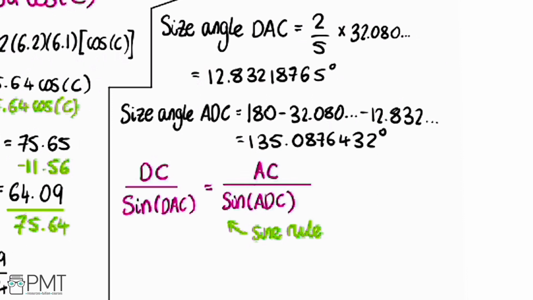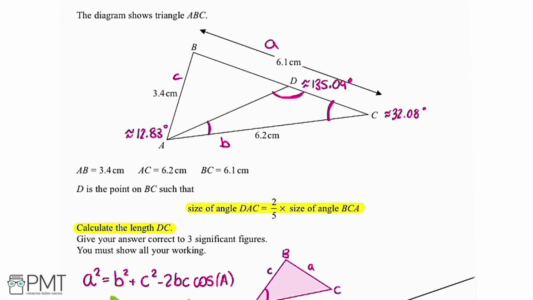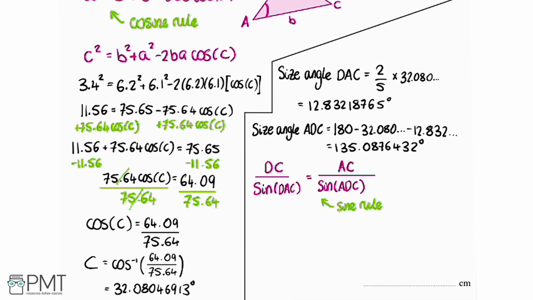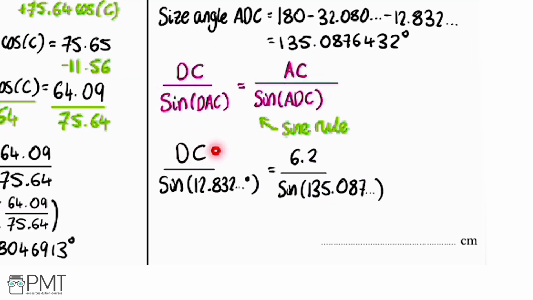So what we've got here is DC, so the length DC over sine of the angle DAC, equals AC over sine of the angle ADC. And we can see that if we look up at the diagram, because we've got this angle here, we're essentially saying DC, this length here, divided by its opposite angle, DAC, equals AC, so this length here, divided by ADC, this opposite angle here. And so if we fill in all the information that we already know, we can see we've only got one unknown, which is great.